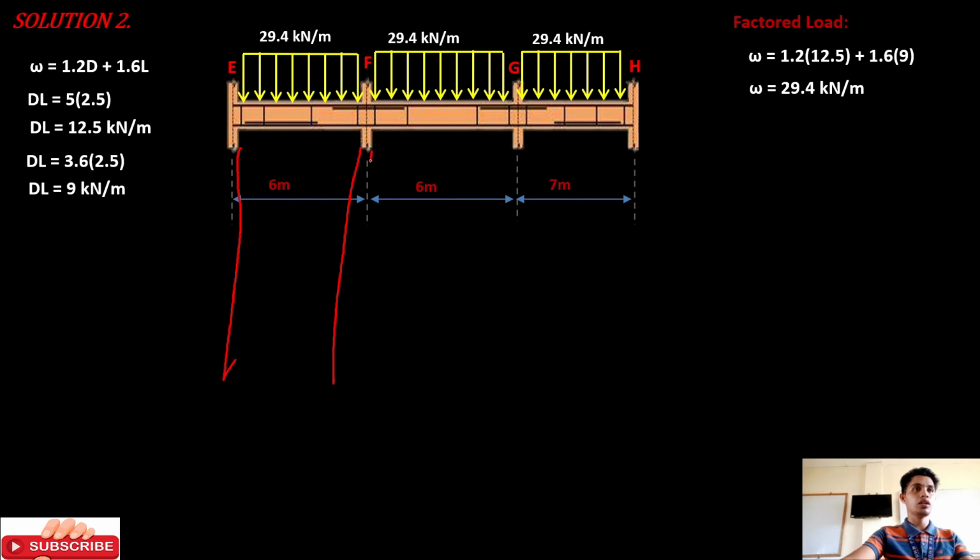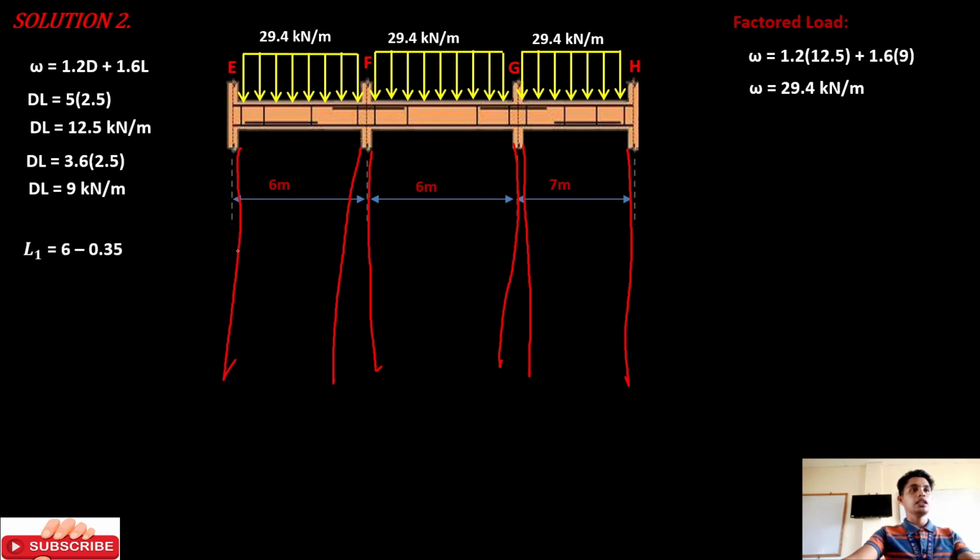Position niya ng drawing ko ha. So, yun. Ang pinapakompute sa number 1 is yung shear. Ay, moment muna sa F. Yung moment yan, ito yung shear.